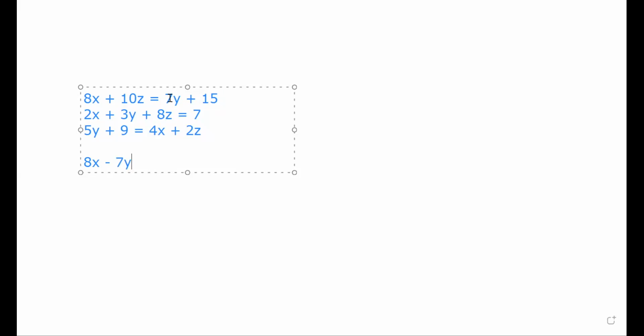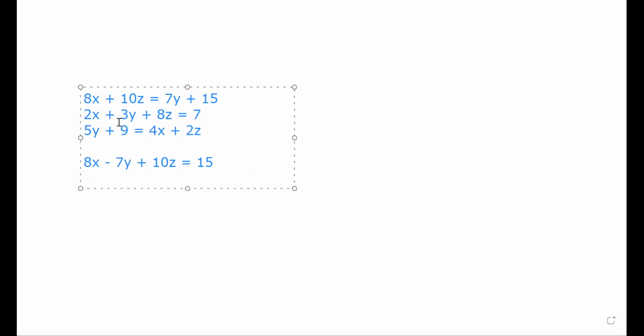So this is plus 7y; if you bring it to the other side, it will change into minus 7y. And here z is plus 10z. Z is equal, the value is always here, 50.